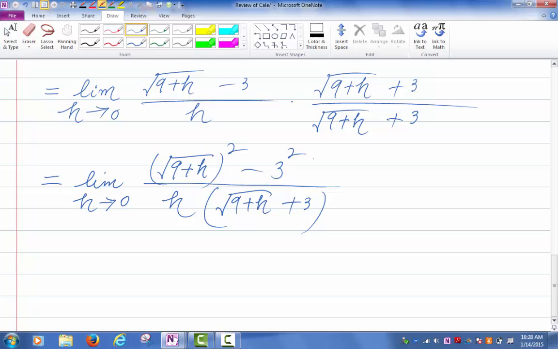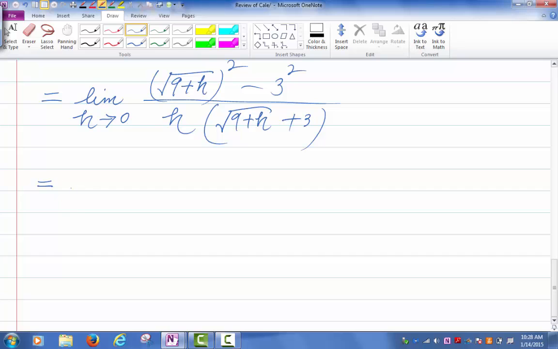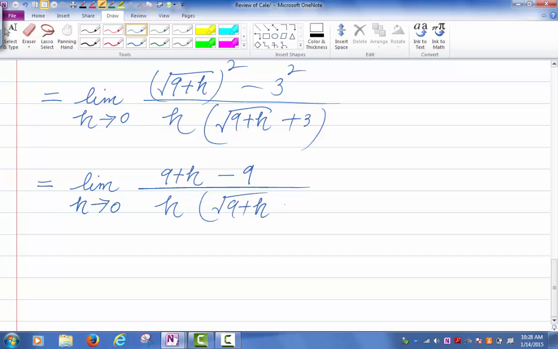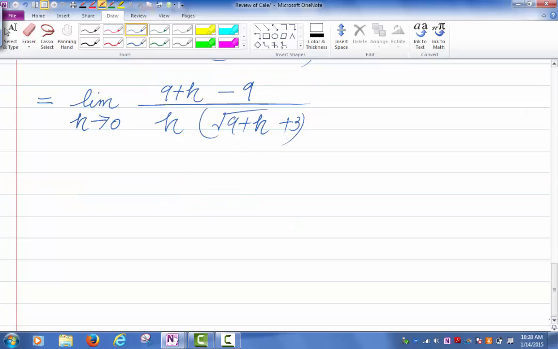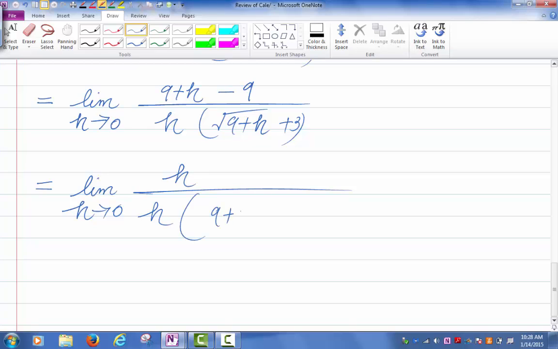And then that is equal to the limit as h goes to 0 of (9 plus h minus 9) over h times (root of 9 plus h, plus 3), which is equal to the limit as h goes to 0 of h over h times (root of 9 plus h, plus 3).